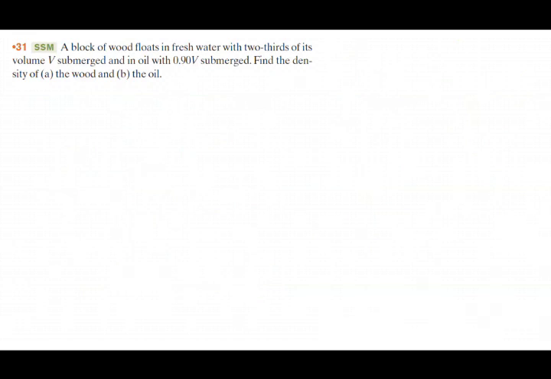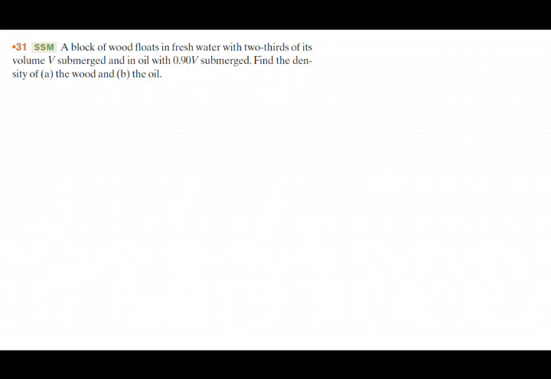Number 31: a block of wood floats in fresh water with 2/3 of its volume V submerged, and in oil with 0.9 V submerged. Find the density of the wood and the oil. The submerged part of this wood is 2/3 of the total volume.